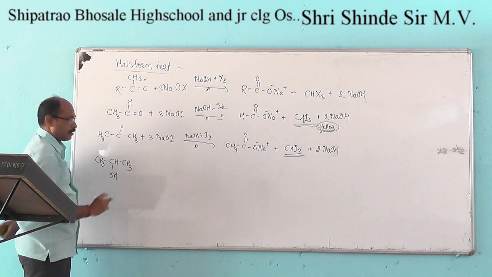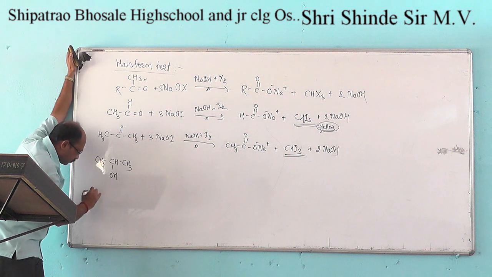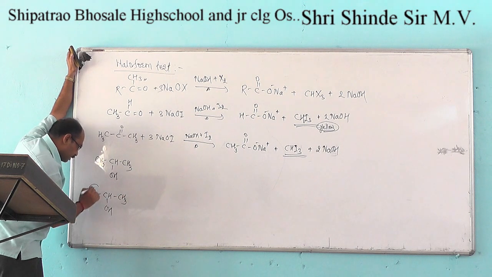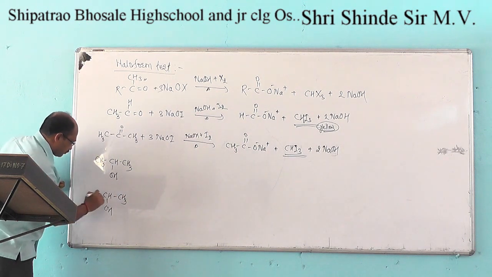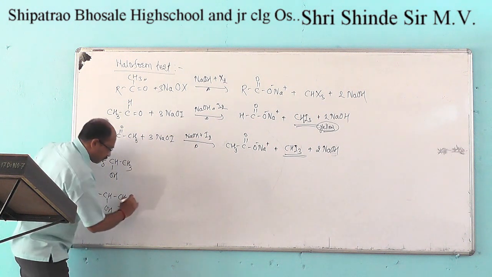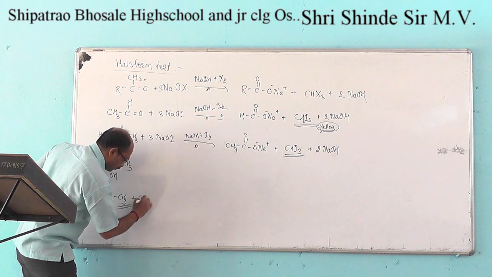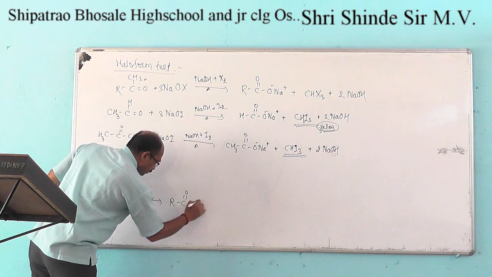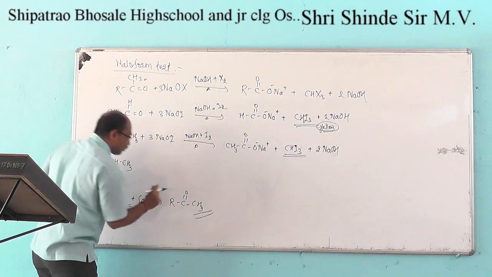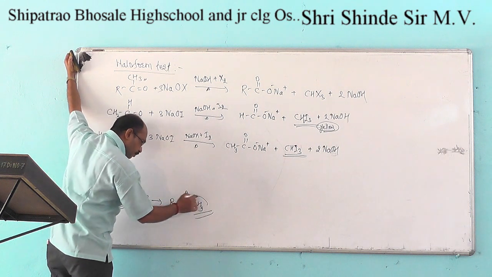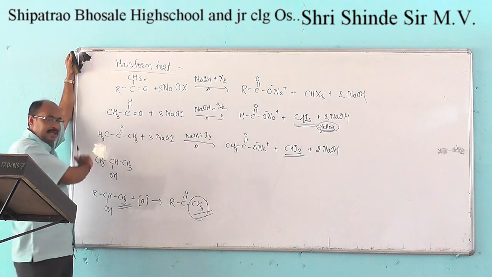Secondary alcohols having the presence of at least one methyl group are converted by oxidation to the corresponding ketones which have the presence of a methyl group. Aldehydes or ketones which have at least one methyl group on the carbon show this test.